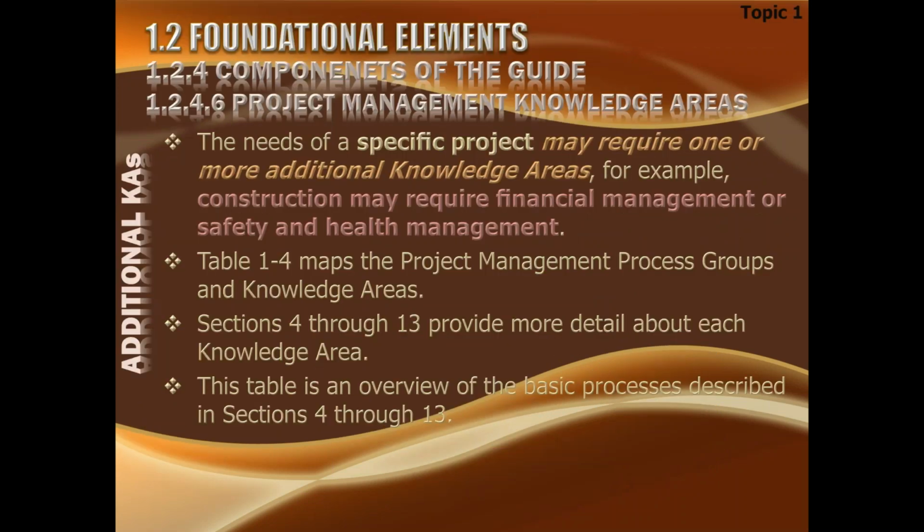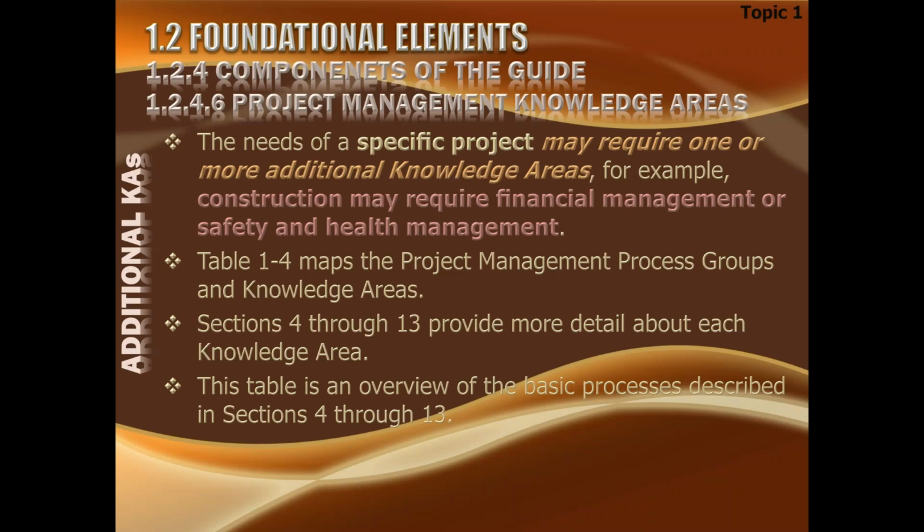Next, what I want to go ahead with is to show you how they interact with each other. The needs of a specific project may require one or more additional knowledge areas. How is it possible? Like in construction, they have got a financial management knowledge area and a safety and health knowledge area.